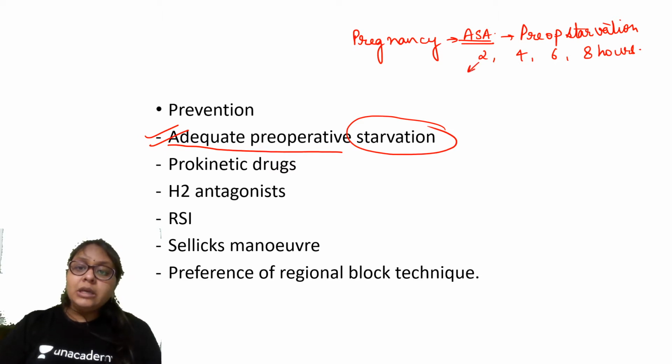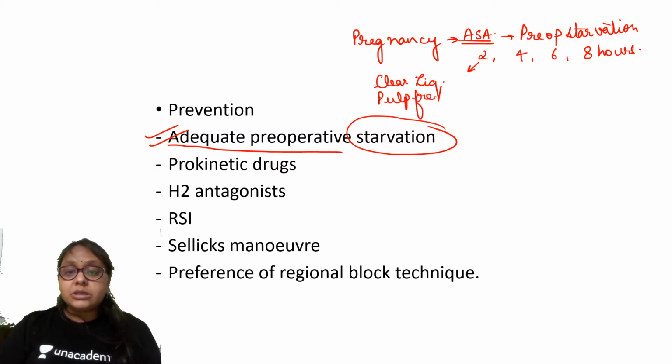That is, you need pre-op starvation of at least 2 hours for clear liquids, like water or pulp-free juices, right? And 4 hours you need for breast milk.